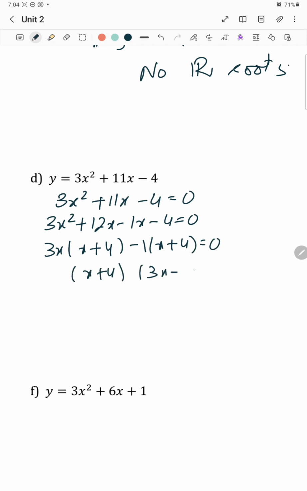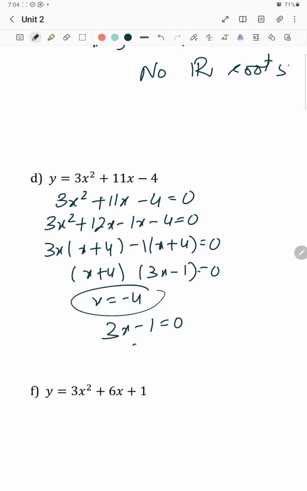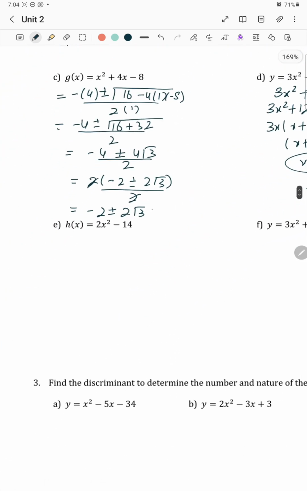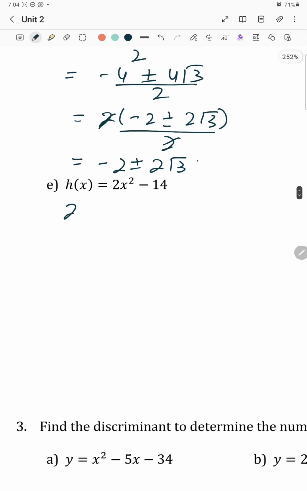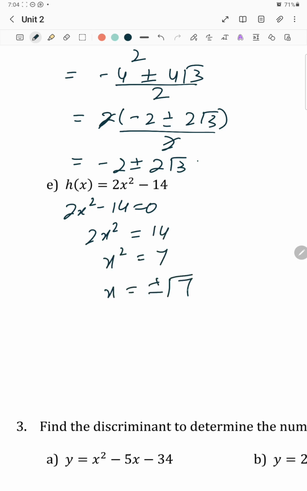I'm trying to complete it too fast because I suppose everyone knows these factorizations, because this is the easiest part. 2x squared minus 14 is equal to 0, which can be equal to 14, which can be equal to 7, which can be equal to plus minus square root 7, means two real roots.